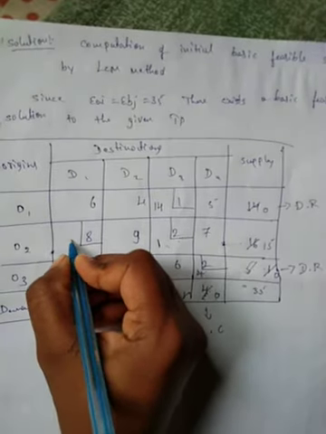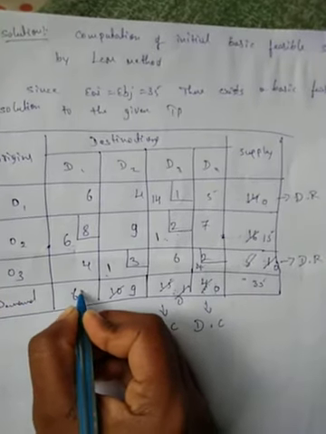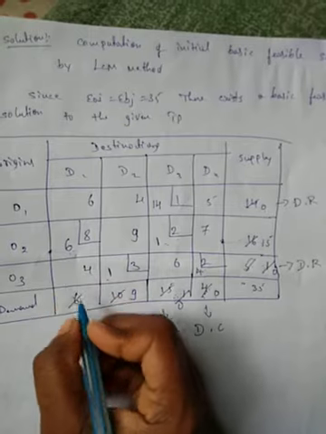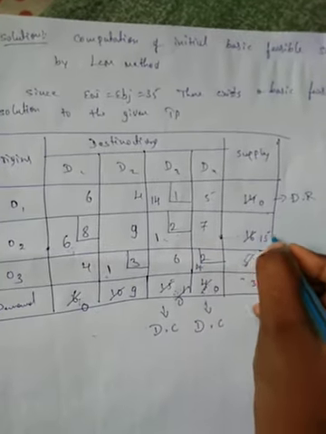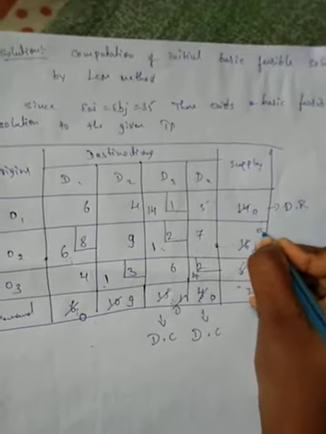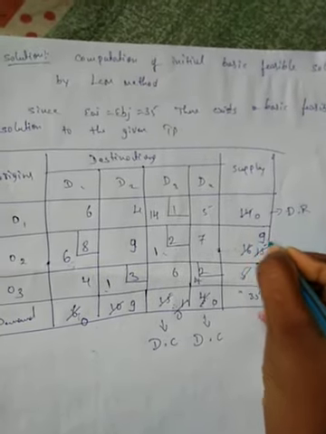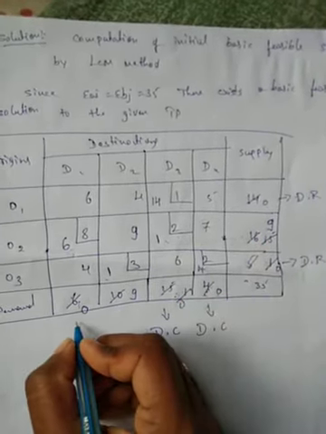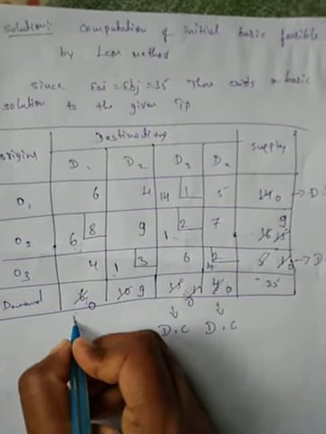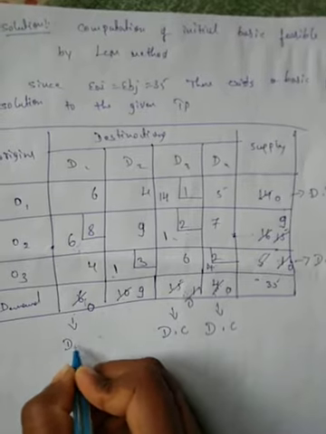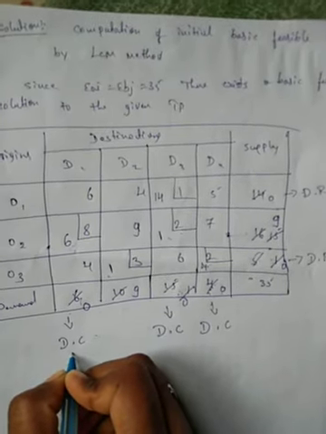So the 6 is the smallest rim value. 6 minus 6, 0. And 15 minus 6, 9. So the allocated value equal to demand, and then delete the entire column. So this is the deleted column.